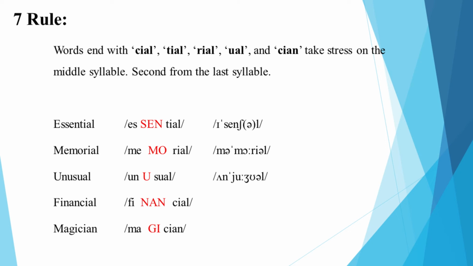For example, essential: sen, before sha, we give the stress mark. Memorial: before real, the mo takes the stress mark. Unusual, financial, magician. For all these endings we mark stress on the second syllable, again with backward counting.